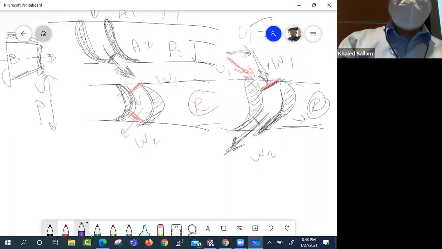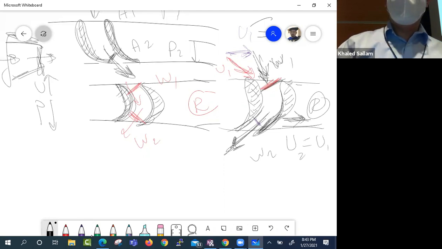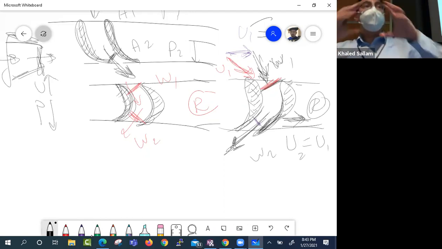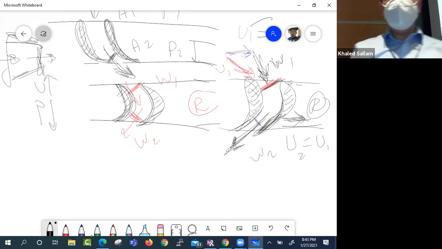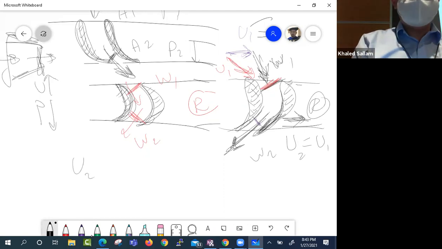So it gets W1 like this over here, and it turns around and pushes the plate here. And by the way, in an axial machine, U2 is the same as U1, unlike a radial machine, where U1 is different from U2. In an axial machine, U2 is the same as U1.